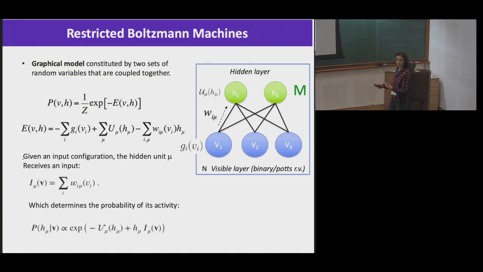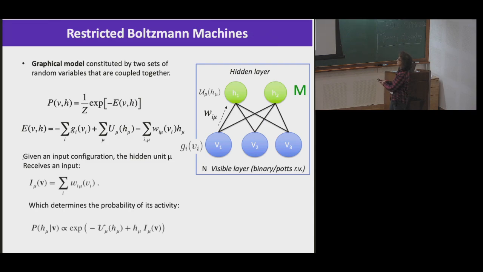And once you have this input, the probability that the hidden layer is activated with this value of the hidden variable, given the input configuration, is just the exponential of minus the potential terms, plus the value of the hidden unit times the input.